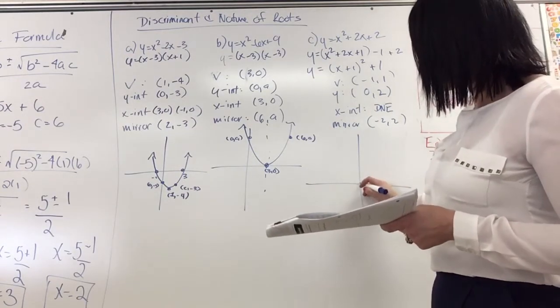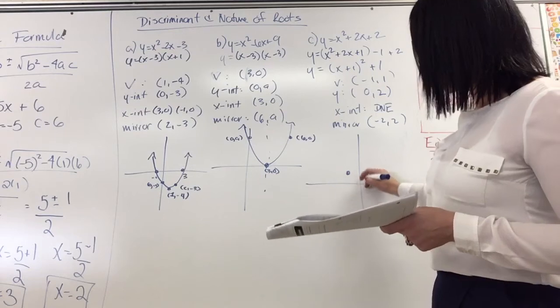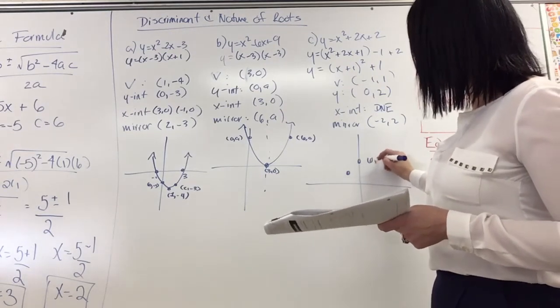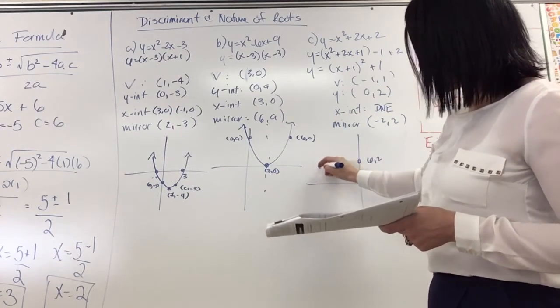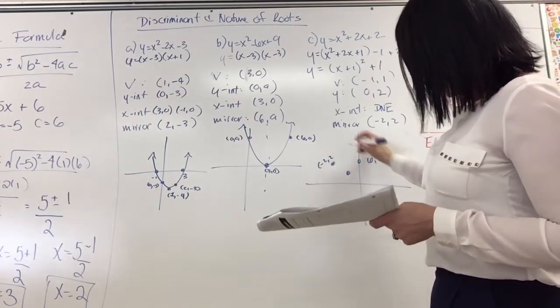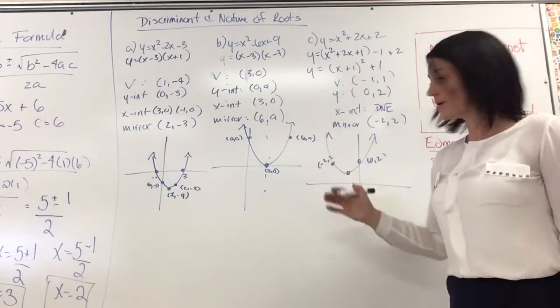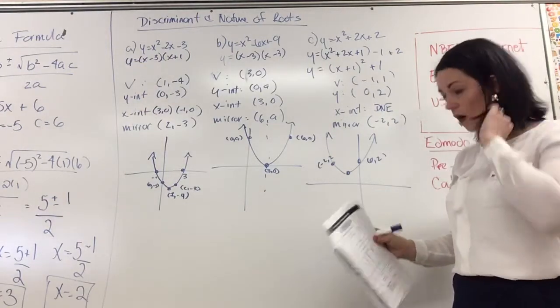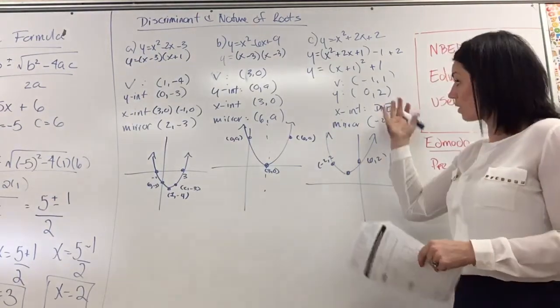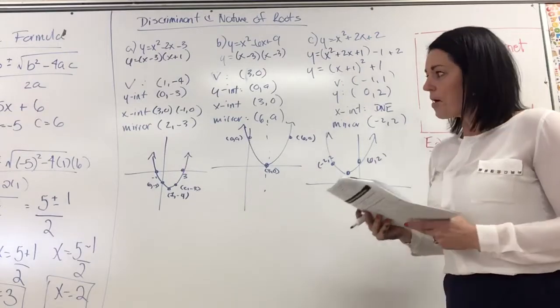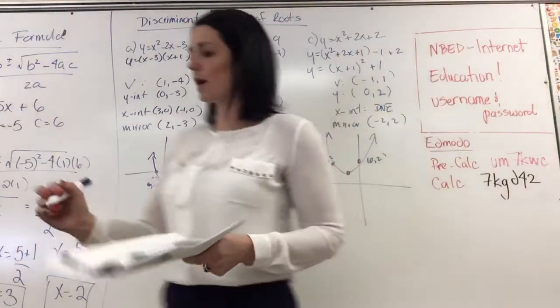My vertex is at (-1, 1), my y-intercept is at (0, 2), and my mirror point is at (-2, 2). You'll notice this quadratic has been shifted up and it is not crossing the x-axis, which is what we would have expected.